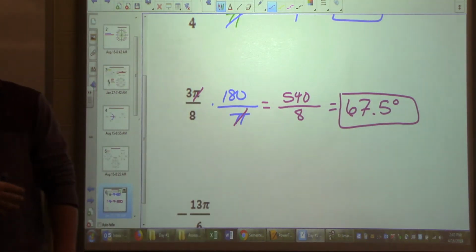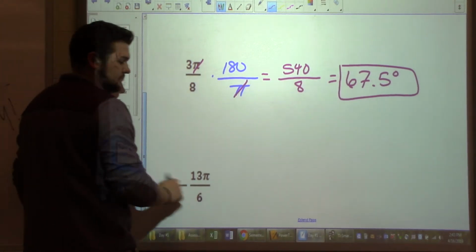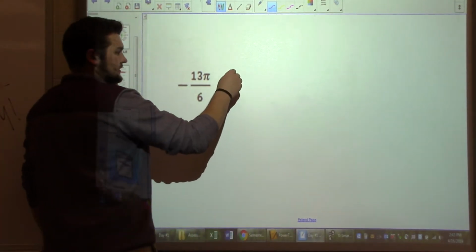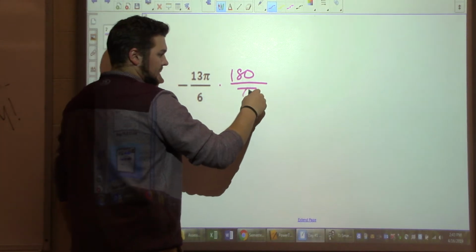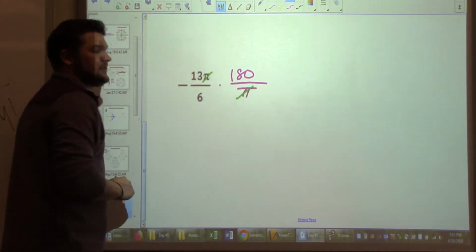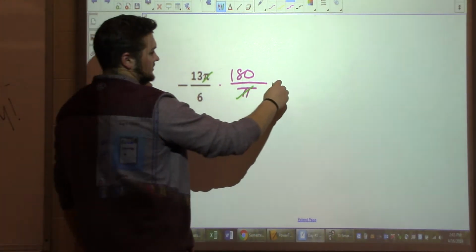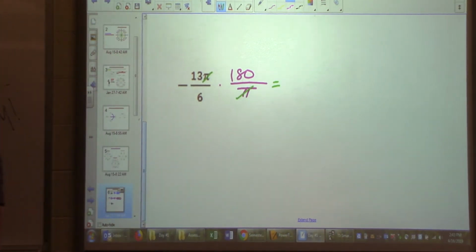So 3 pi over 8 is the same as 67.5 degrees. Last one, negative 13 pi over 6 times 180 over pi. The pi's cancel. Negative 390?